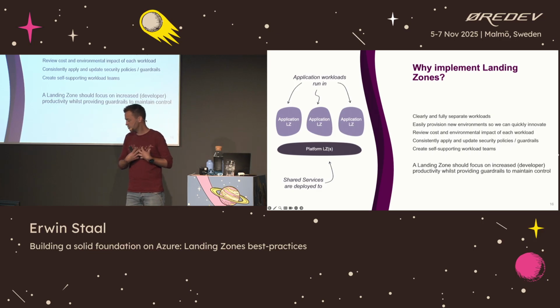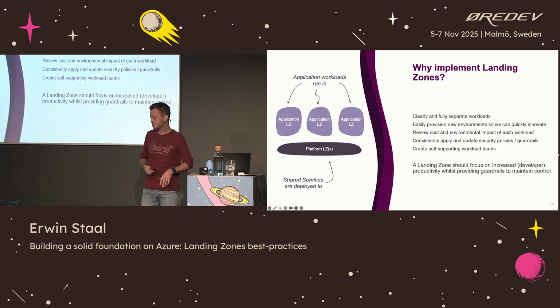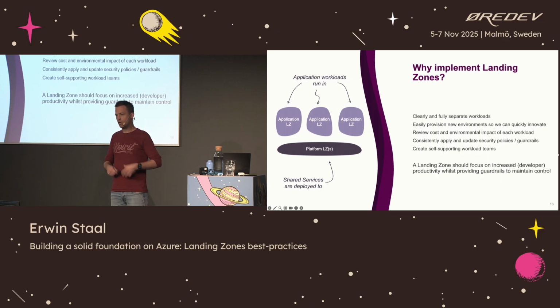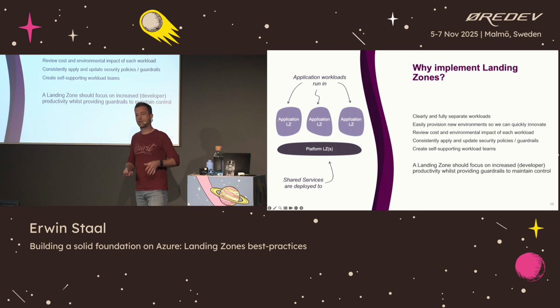So for me, a landing zone should really focus on increasing developer productivity while still being in control and make sure that everyone adheres to the rules and the policies and the guardrails that we put in place. We will see throughout the talk how we can give landing zone owners, or users actually, enough permissions and freedom to do their work, but still ensure that they are in the boundaries of, well, the organization.